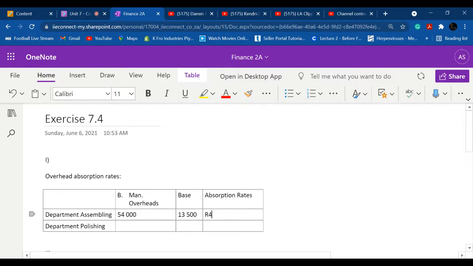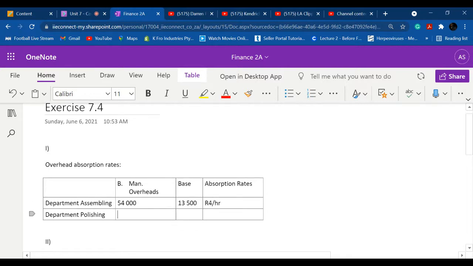Okay, I get 4. So in other words, this is 4 Rand per labor hour. Okay, we have our first rate. Okay, then here, what was our budgeted manufacturing overhead? It was 82,500.